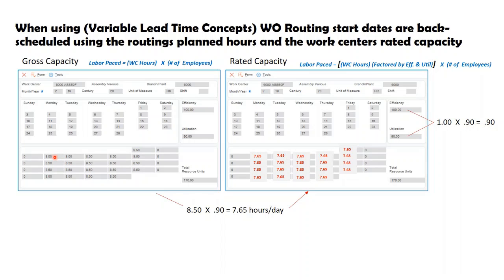When I take the 8.5 hours per day factored by the efficiency and utilization factor, we can only expect to produce 7.65 hours of work through the work center each day. Again, when using variable lead time, the work order routing will back schedule the planned hours using rated capacity.